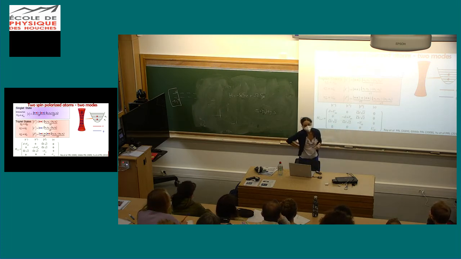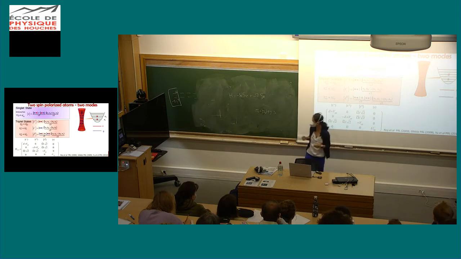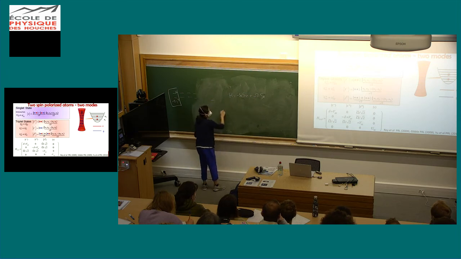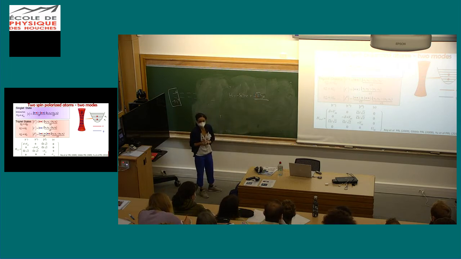So a question: I'm reading here that this Hamiltonian is only coupling to the triplets. Why? Is there any possibility where I can also couple to the singlet? If I have a laser and I have two atoms, can I couple?